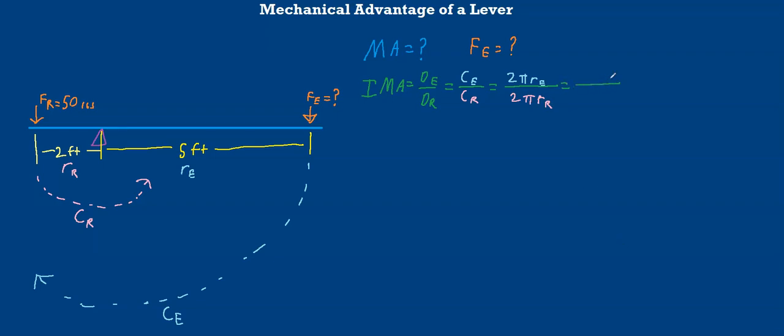And of course, we know those numbers, so we can rewrite this again to say 2 times pi times our radius effort, which is 5 feet, divided by 2 times pi times our radius resistance, which is 2 feet.